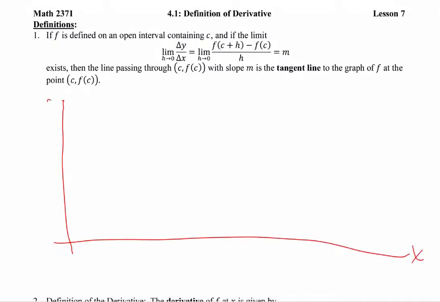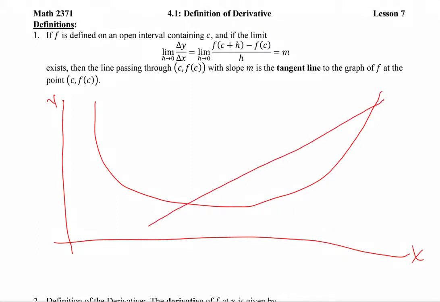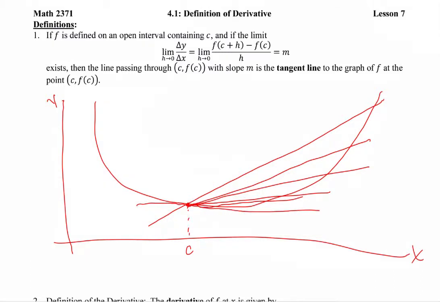So here's x, here's y, and here's our function. Okay, so here's our secant line. Here is C, and here's a secant line from C, and here's another secant line, and another. As h gets closer and closer to C, these are all secant lines, but as we get closer and closer to C, it becomes a tangent line, and so this becomes the slope of this tangent line.